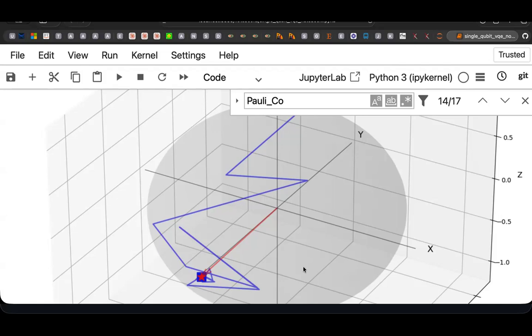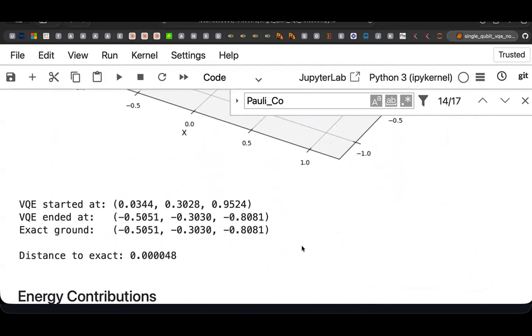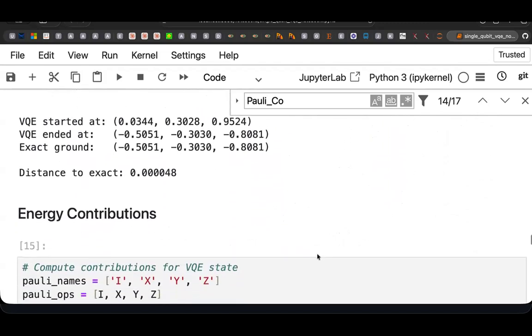You would have to set up the number of shots or measurements, which you then use to calculate a mean value for the different expectation values. So I like this one because it gives you a nice view on the optimization algorithm itself.